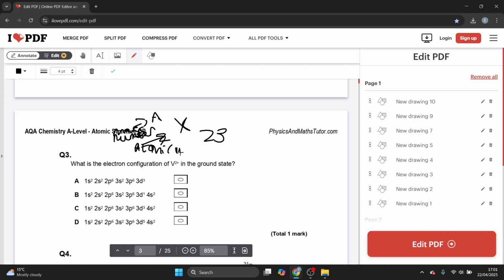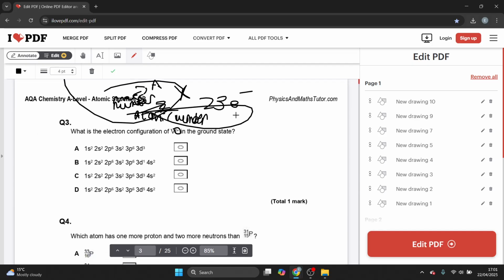The atomic number, the number of protons in the nucleus, identifies the element, and the mass number is the total number of protons and neutrons in the nucleus. Just a quick review. But what I'm looking for is that. So 23 electrons, right? But because it's V2+, I'm going to subtract 2 electrons. Subtract 2, therefore I'm going to have 21.